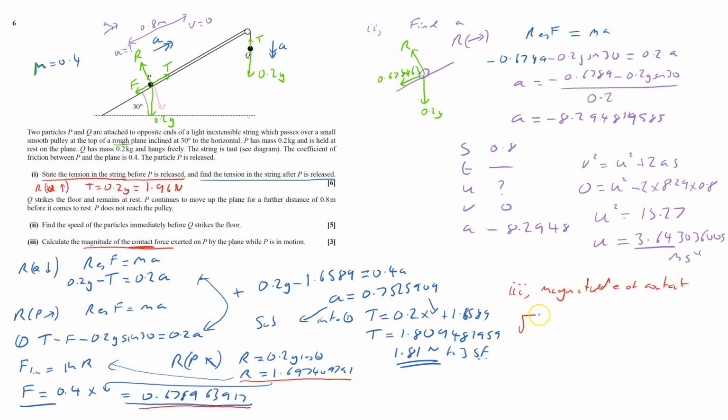So that is going to be the square root of 1.69 squared plus 0.6789 squared, and that comes to 1.828166294 newtons, or 1.83 newtons to three significant figures. And I hope you can follow all of that. And that's question 6 done.